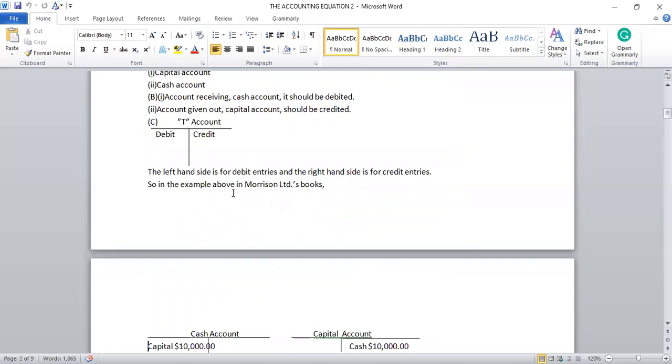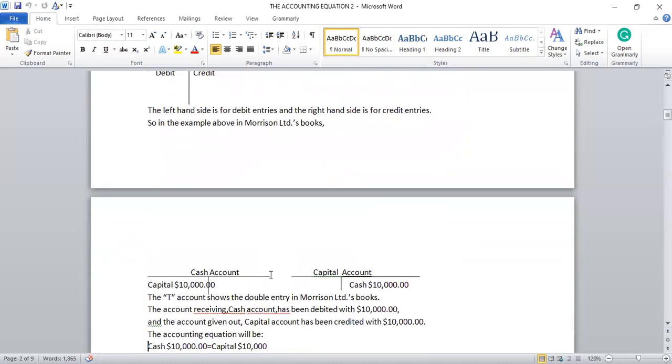So in the example above, in Morrison Limited's books, the cash account should be debited with $10,000. The reason why we have capital, $10,000, means that a corresponding entry can be found in the capital account. So when you come to the capital account, we have cash credited with $10,000.